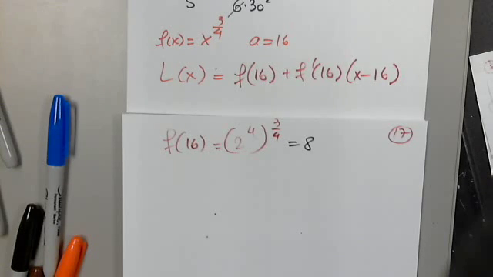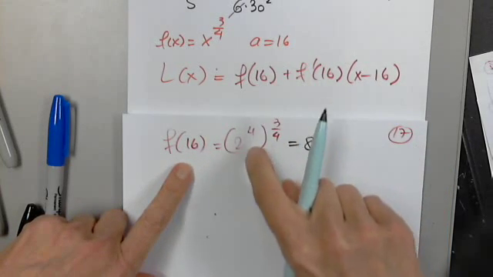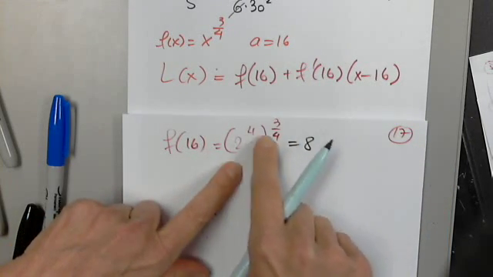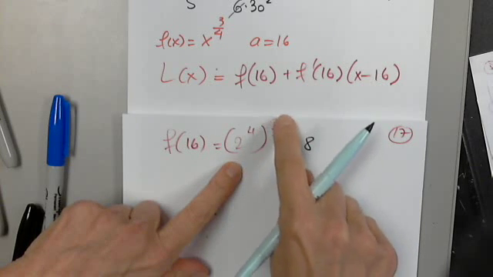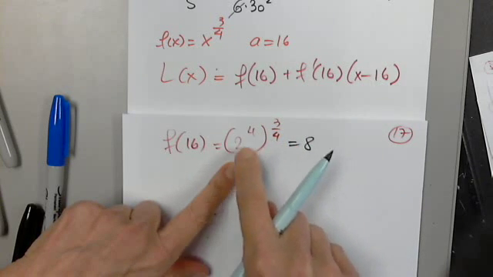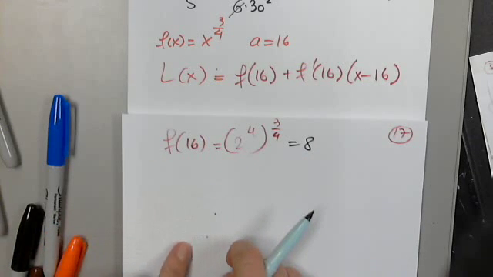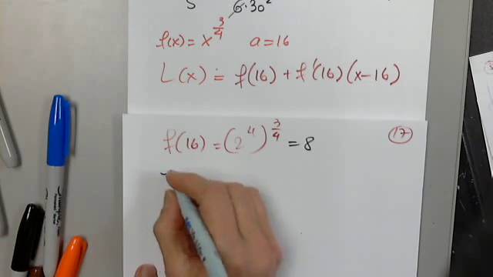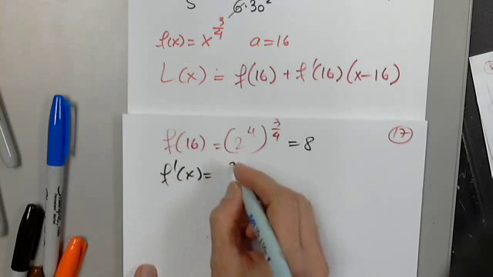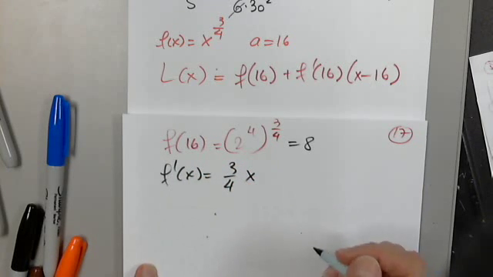And then I have to find f prime. Is this okay so far? I changed 16 into 2 to the 4th, so I can copy the base, multiply the exponents. 4 over 1 times 3 over 4 is 3. 2 to the 3rd is 8. Is that okay? So now f prime of x is 3/4 x to the 3/4 minus 1, which is negative 1/4.